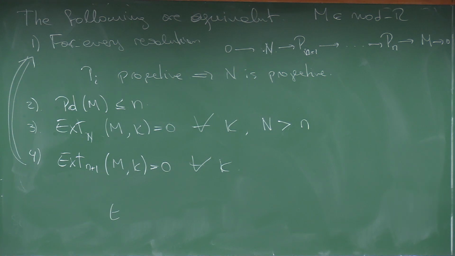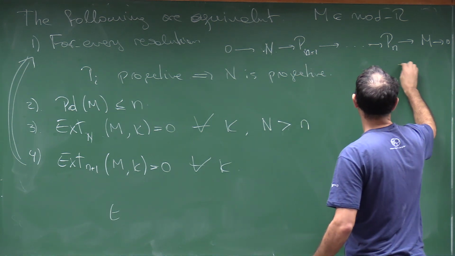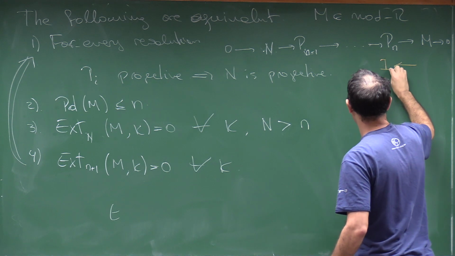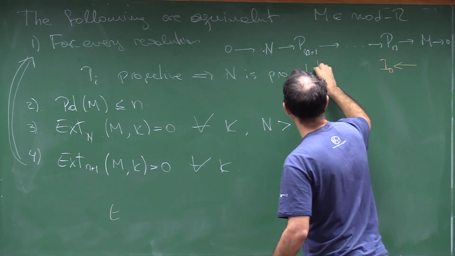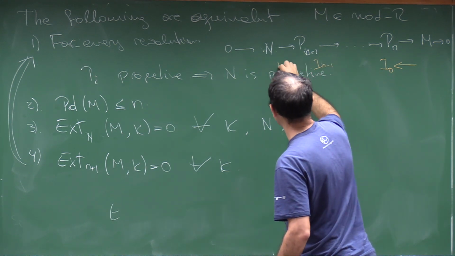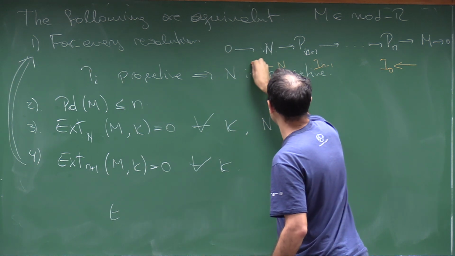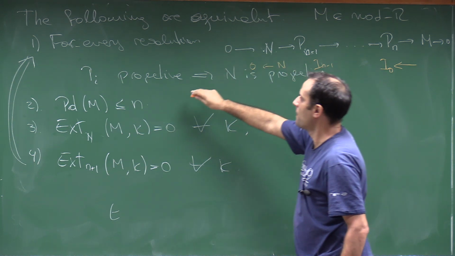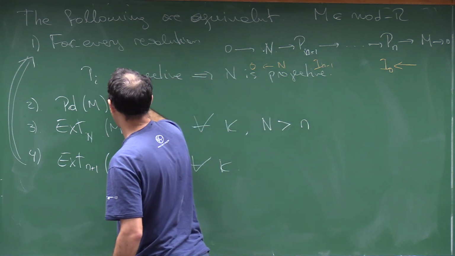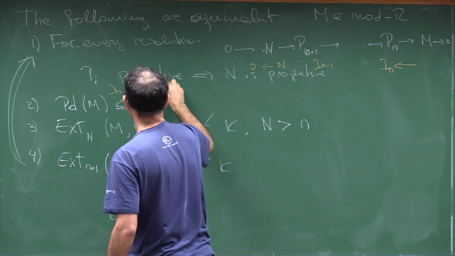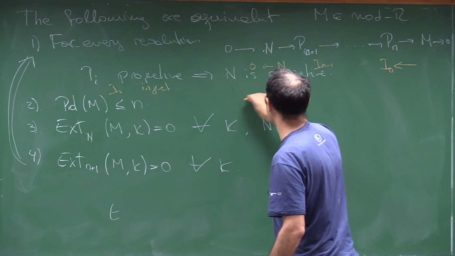Perhaps I'm not going to state even the case for injectives, but let's just write it here. For every resolution, arrows in this direction, 0 to N to I_0 up to I_{n-1} to I_n to 0, where the I's are injectives, then N is injective.